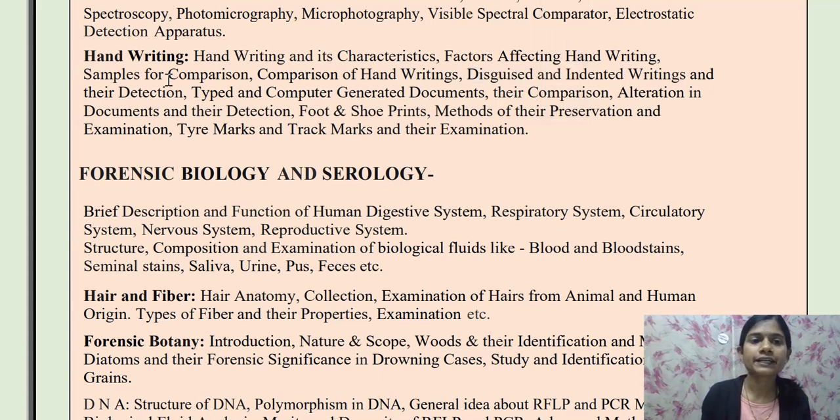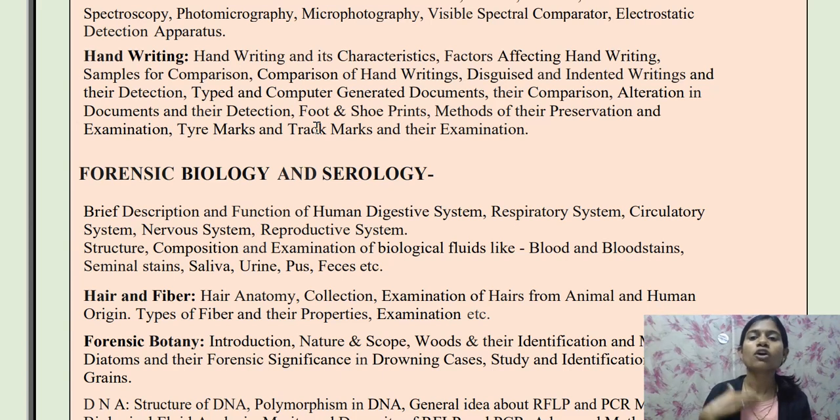Then indented writings and their detection, typed and computer generated documents and their comparison, and alteration in documents, where they may change a little part of the document. For example, in a bank cheque I give you a 1,000 rupee cheque, but you add one more zero, or in the written denomination I wrote one thousand rupees and you changed ONE into TEN, making it 10,000 rupees.